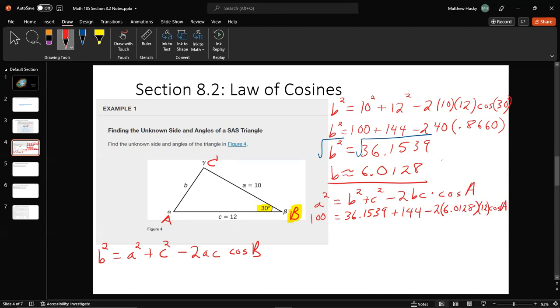Let's see here. So if we were to add 144 and 36.1539, that will give us 180.1539.